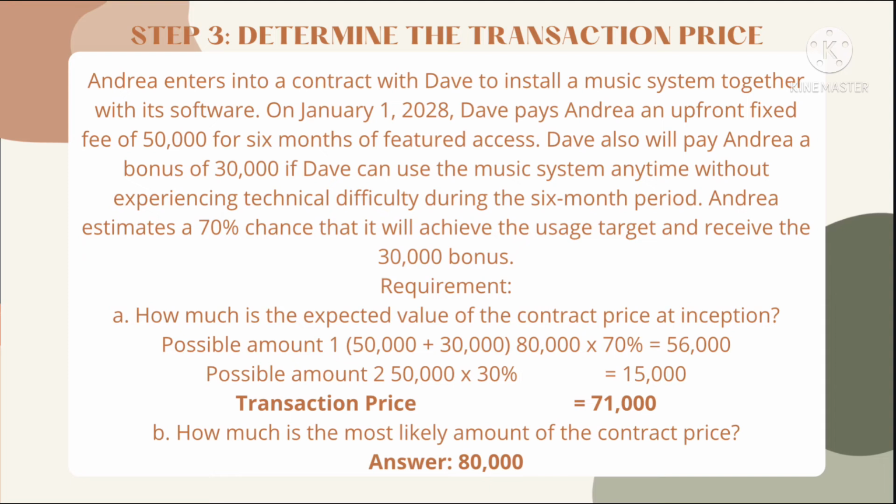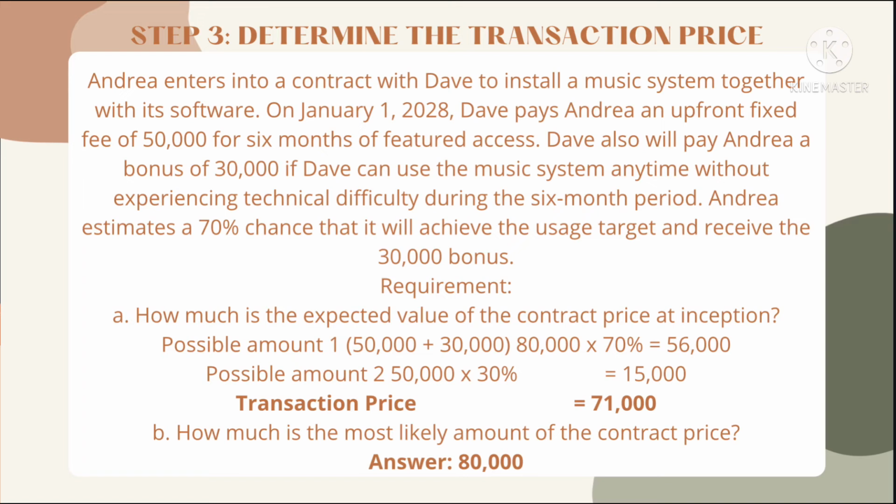So the requirement: A, how much is the expected value of the contract price at inception, and B, how much is the most likely amount of the contract price. So, under the expected value approach, once again, in order for you to determine how much will be the transaction price, all you have to do is to get the sum of all possible amounts after multiplying the same to their corresponding probability. So, we have two possible amounts.